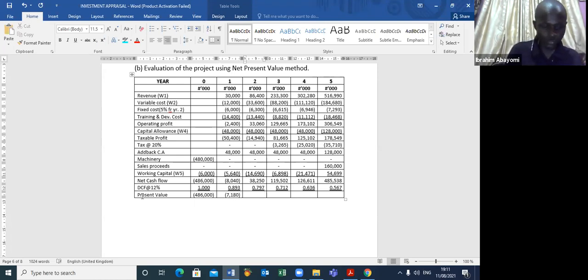In year 2, we have 38,250 times 0.797. We have 30,485. In year 3, we have 119,502 times 0.712. We have 85,085. Then we have 126,611 times 0.636.